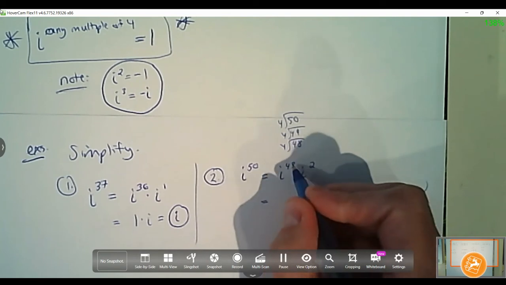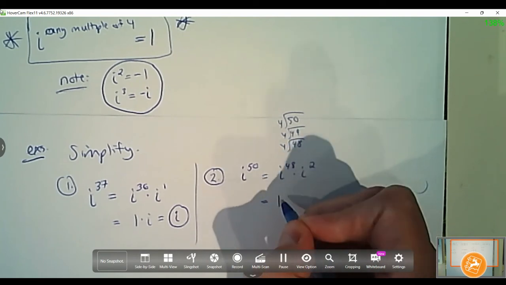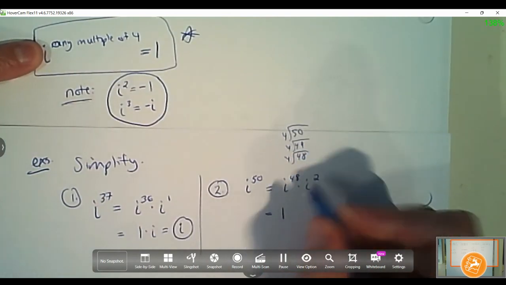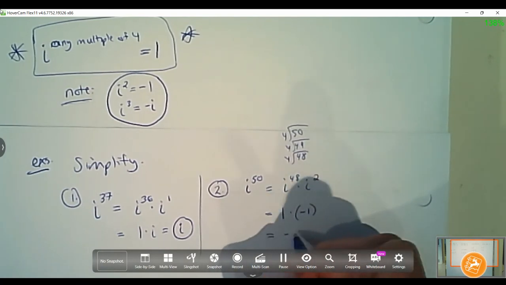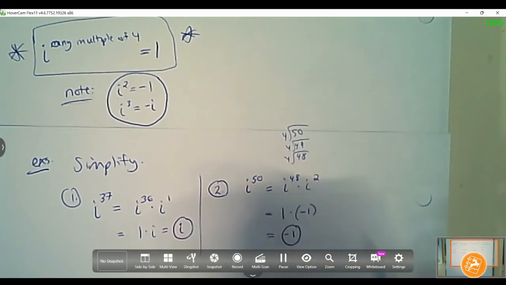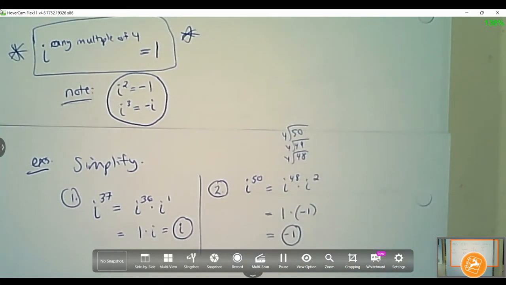So this shortcut is going to allow us to replace this with 1, because i to any multiple of 4 is 1. And then i squared, we know from our previous lesson, is negative 1. And that's our answer.